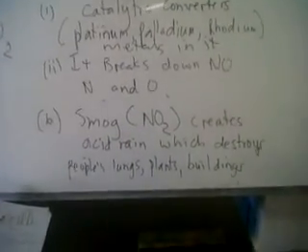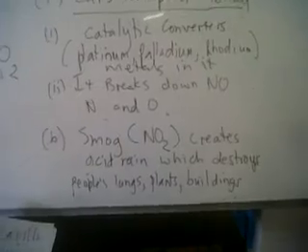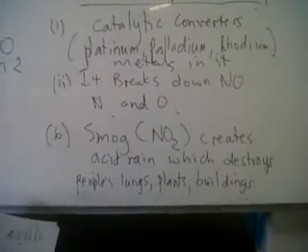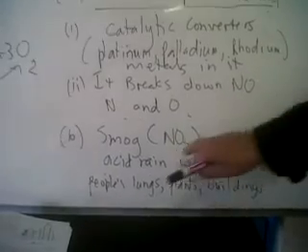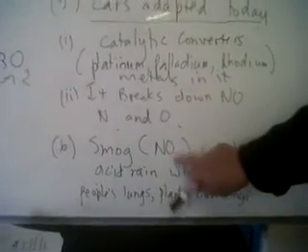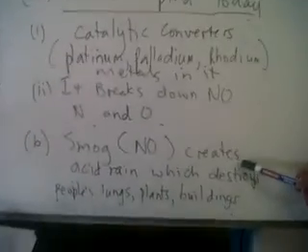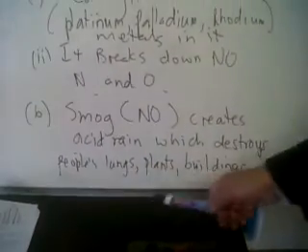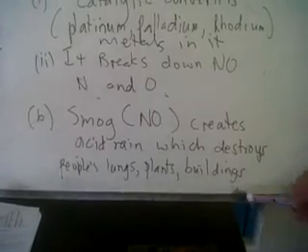That's freeing it up into the air again, which can be used again by the air in a more positive way. Otherwise, if you leave that nitrogen oxide as it is, you have this situation which is smoke. It creates acid rain, which destroys people's lungs, plants, as well as buildings.